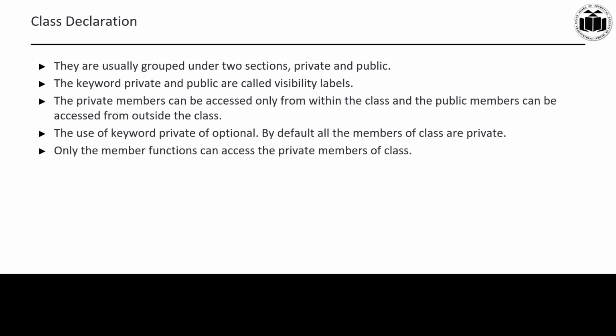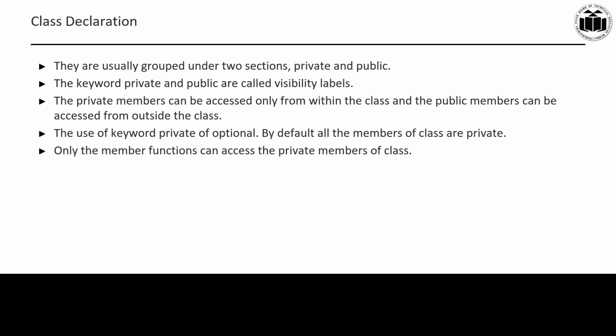So, class declaration. A class is divided into two parts, private and public. These private and public are called the visibility labels in C++. As we already know, we have to maintain the data hiding part.